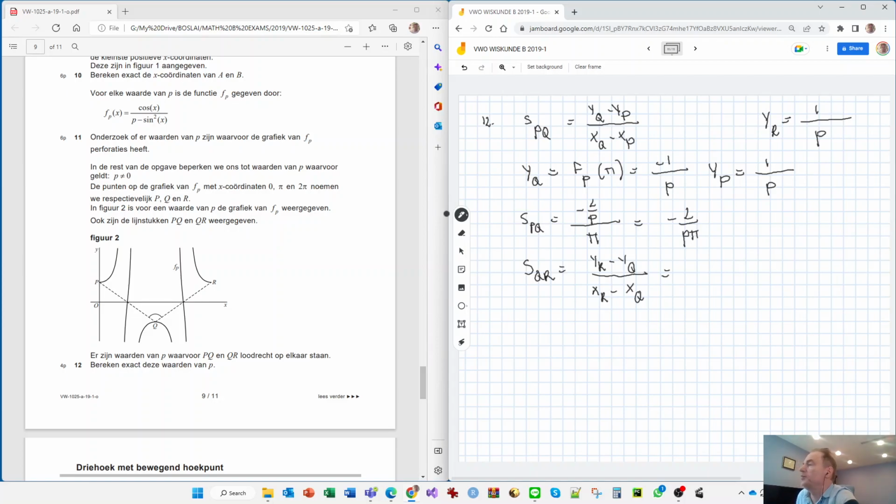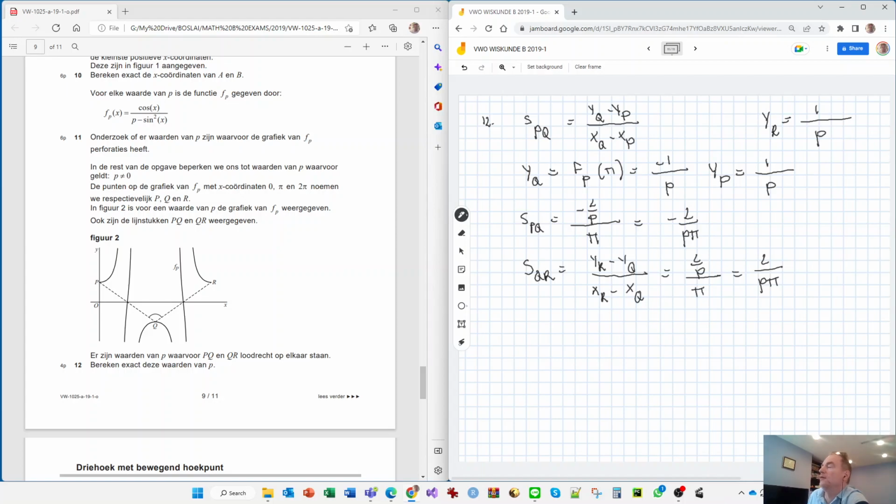It's 1 over p minus negative 1 over p. So I get 2 over p. And again, the horizontal distance is pi. So it's 2 divided by p pi.